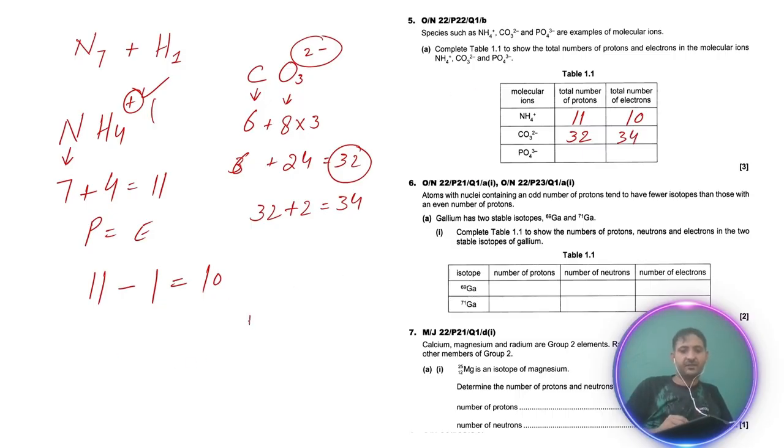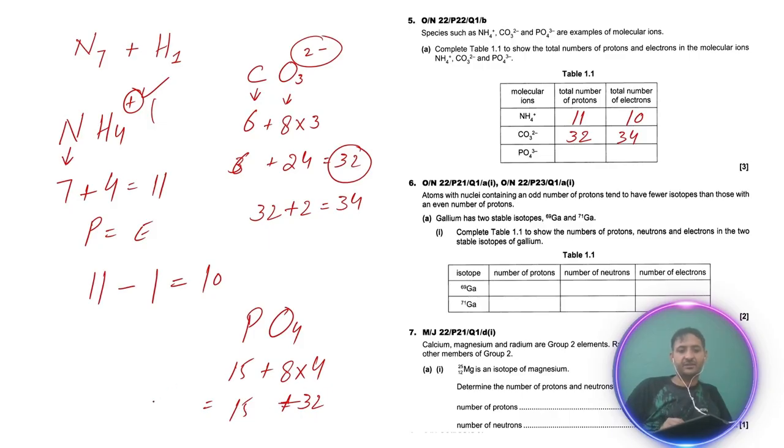We have phosphorus, which has atomic number 15, and we have O4. One oxygen has atomic number 8, and we have 4, so multiply by 4: 8 multiplied by 4 is 32, plus 15 is 47.